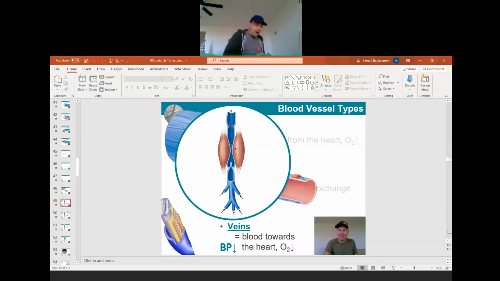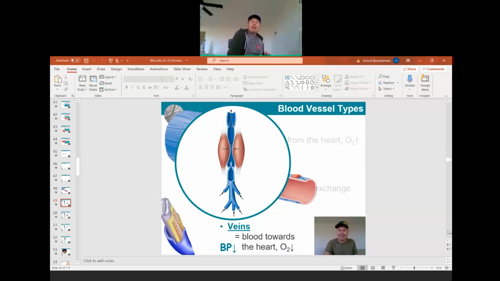So just as we had heart valves that separated one chamber from another, we have valves within the veins. And the function of the valve was, of course, to facilitate one-way direction of the blood within that structure. So blood can only go in one direction. If it tries to go back in another direction, that valve is closed and prevents the backwards flow.